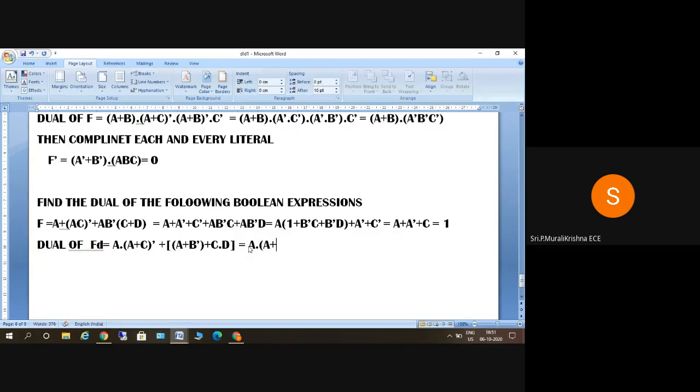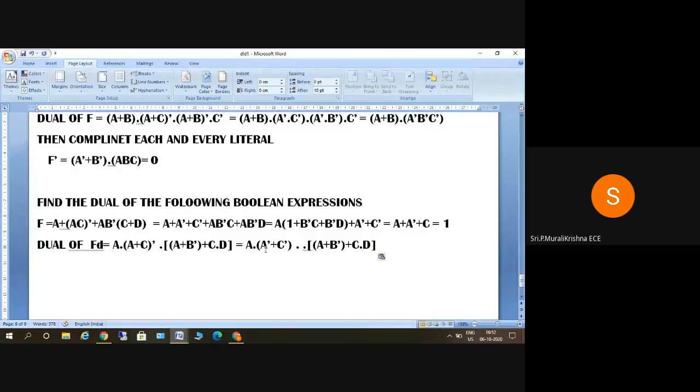So a bar plus c bar, multiplied by this one, and here you can check.